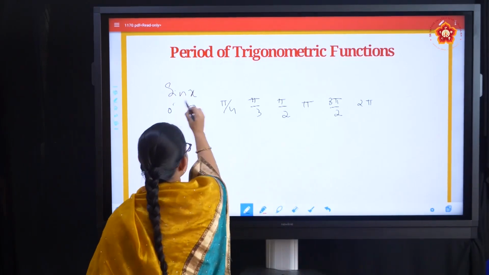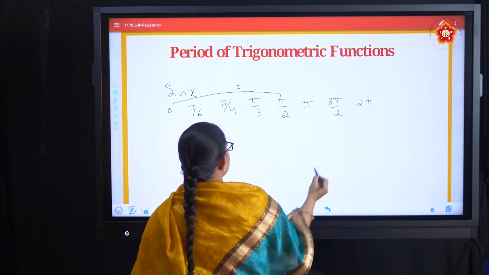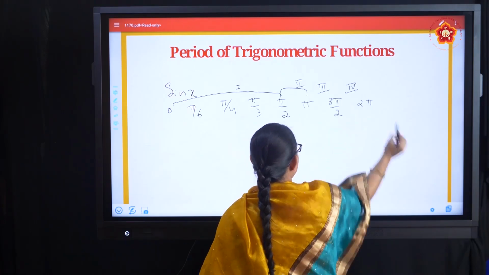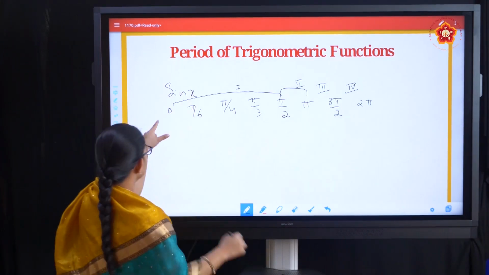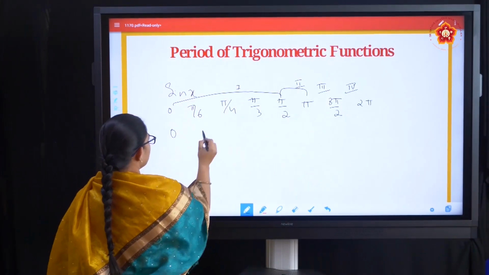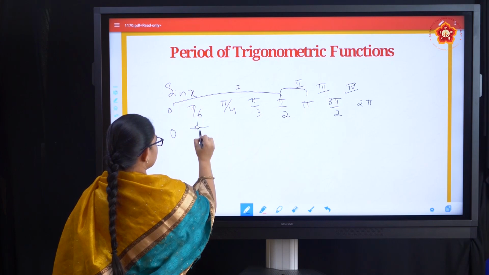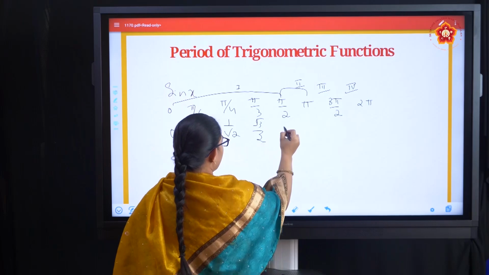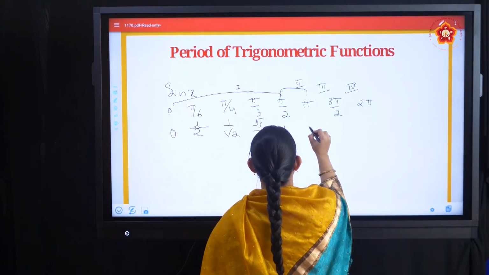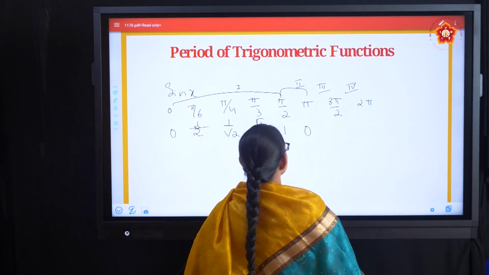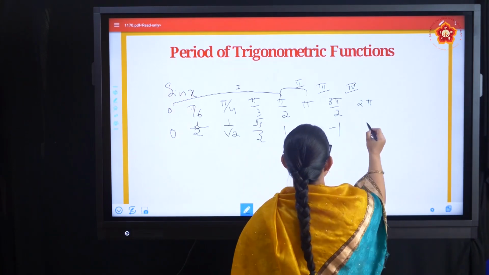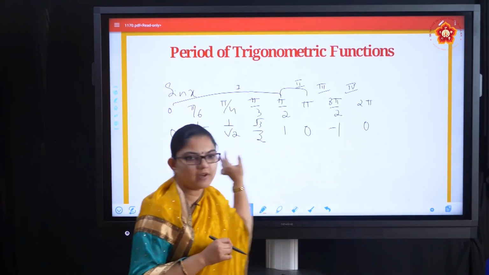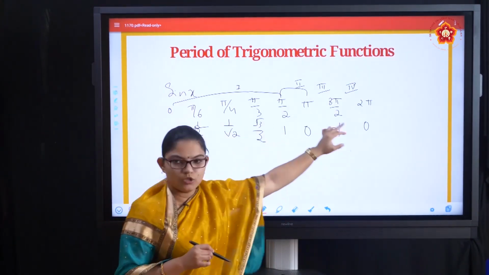So this is the first quadrant, next the second, here we have the third and the fourth quadrant. Now for sine, 0 is 0, pi by 6 is half, next 1 by root 2, next root 3 by 2, next 1, sine pi is 0, sine 3 pi by 2 is minus 1, and next again 0.